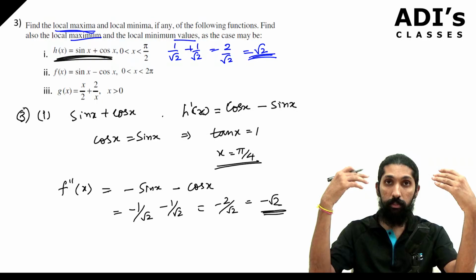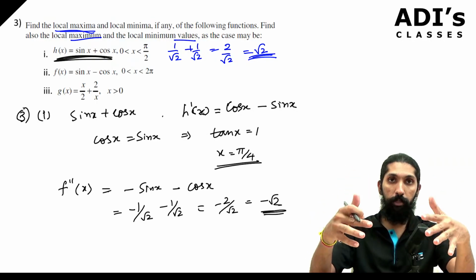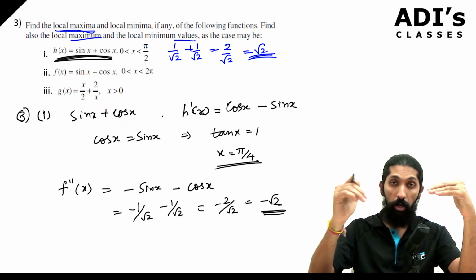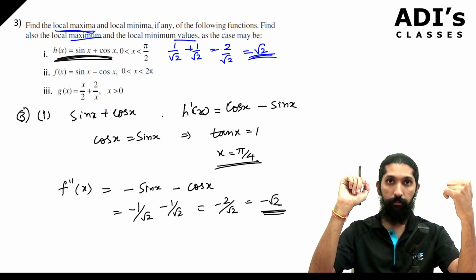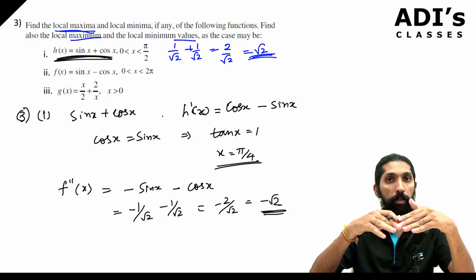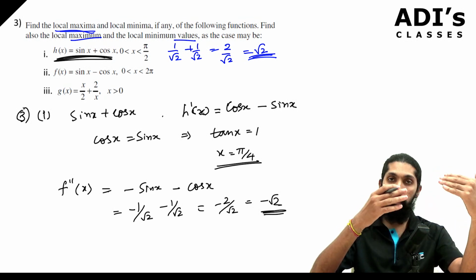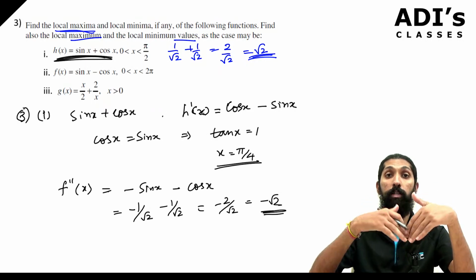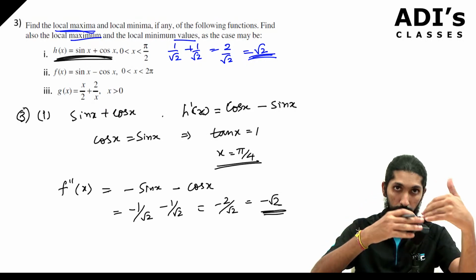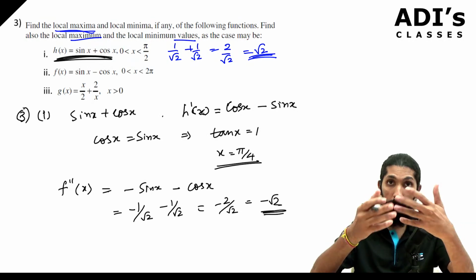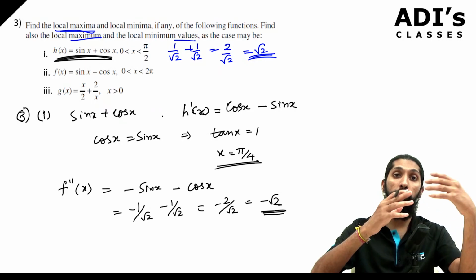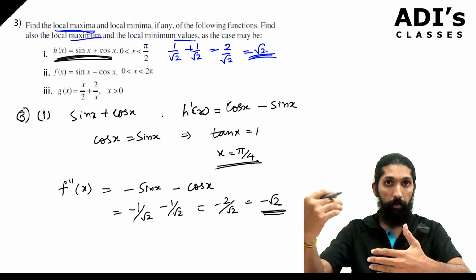So remember, let me just repeat the steps one more time. Differentiate. Equate it to 0. Get the point of inflection. Alright. Once you get the point of inflection, then do the double derivative, the second derivative test. Substitute that point of inflection, then you will understand whether it's a point of local maxima or local minima.